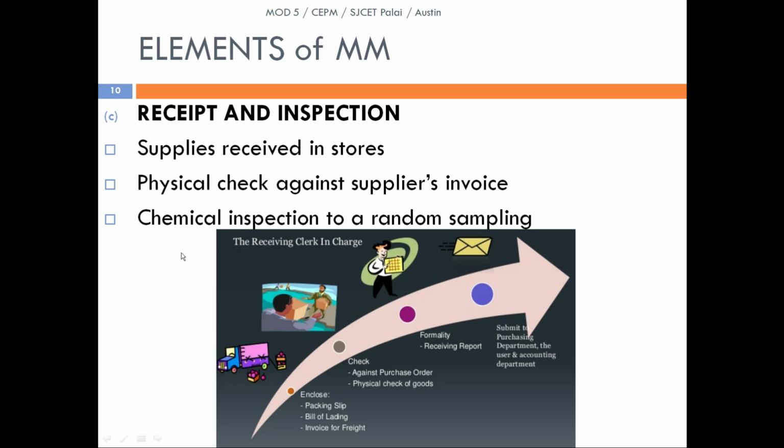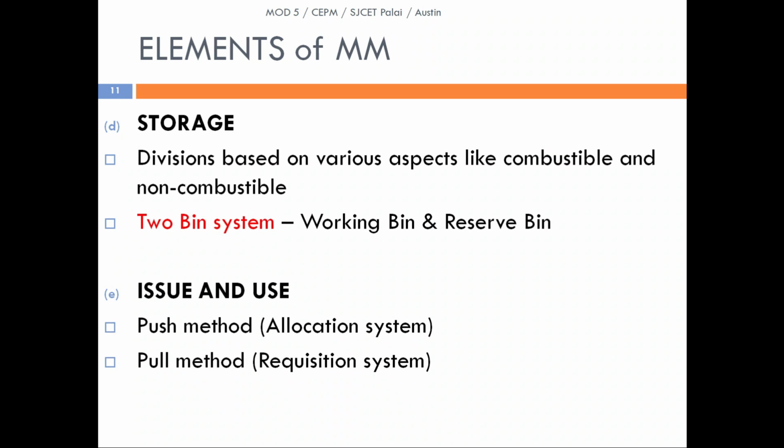We physically check the supplier's invoice, the quantity of materials, and the quality of materials, and randomly we will have a chemical inspection or a detailed inspection on the materials received. We will not be inspecting all the materials in detail. We will have a physical check on all the materials coming into the organization, while randomly selecting some of the materials for a detailed inspection or a chemical inspection.